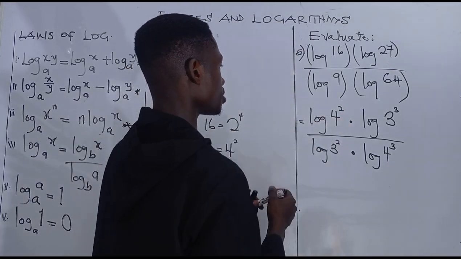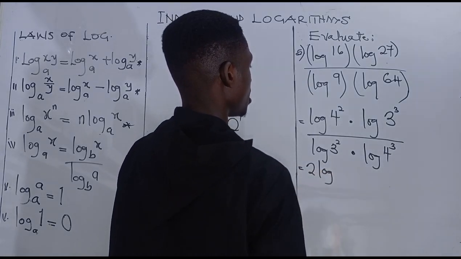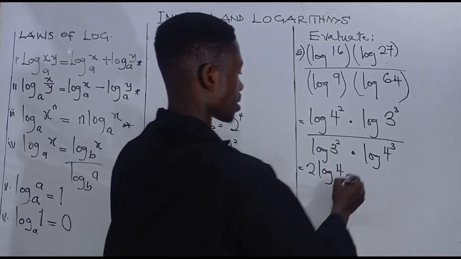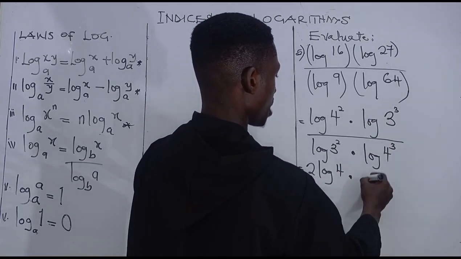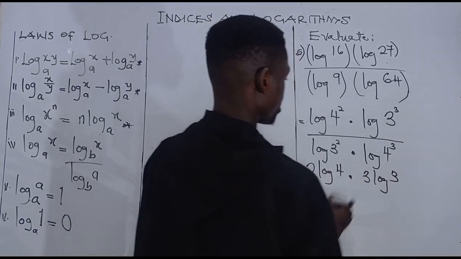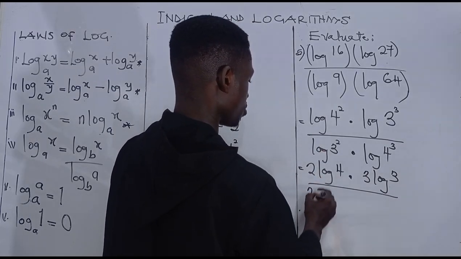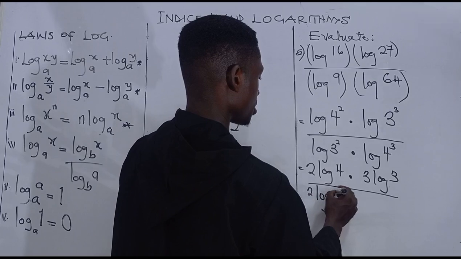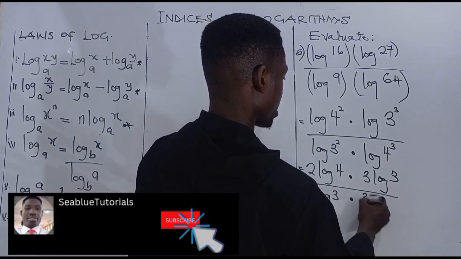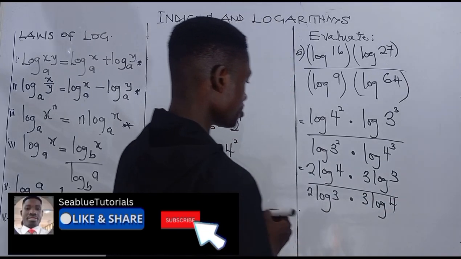So you have 2 multiplying log of 4. And then this 3 also comes in front. We have 3 multiplying log of 3 all over this. The 2 also comes in front. We have 2 multiplying log of 3. And then this 3 also comes in front. We have 3 multiplying log of 4.